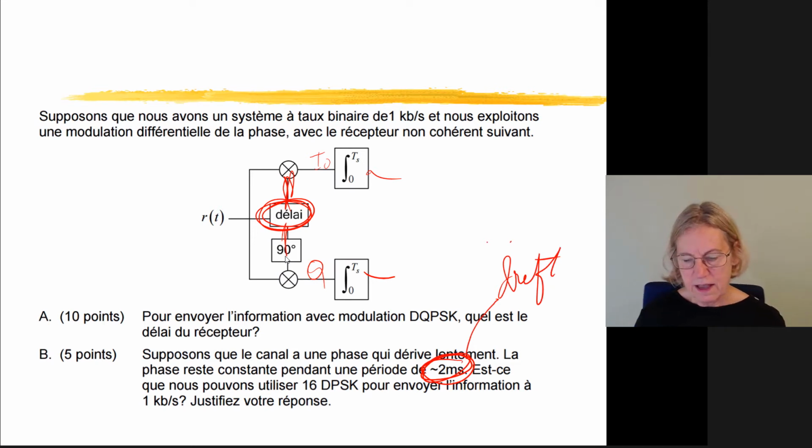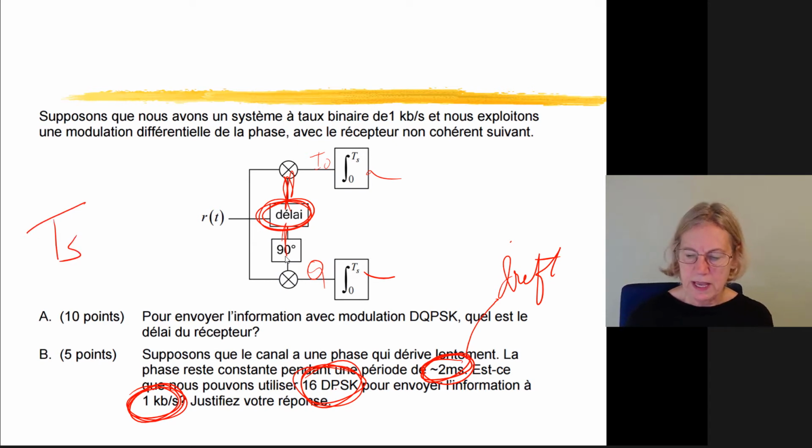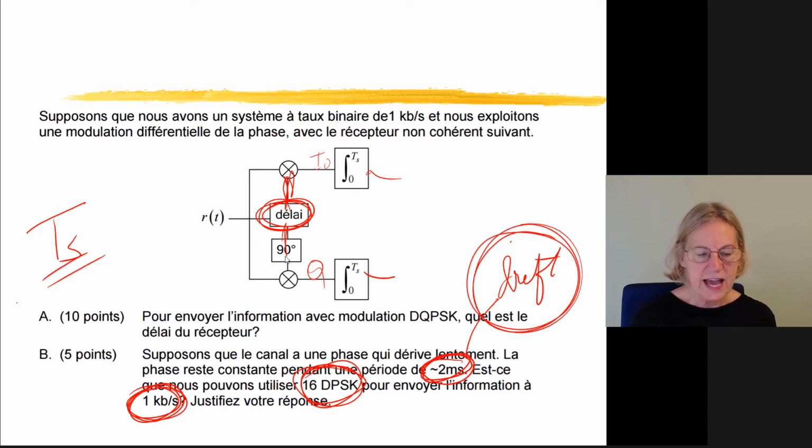In this case, I'm saying that the drift is about 2 milliseconds. And I ask the question, if I'm using 16 DPSK, can I send information at 1 kilobit per second? I have to calculate the time of a symbol for 16 DPSK at 1 kilobit per second, and whether this drift is changing a lot in the time of that symbol.